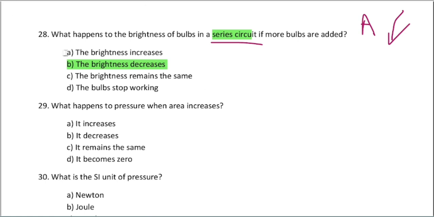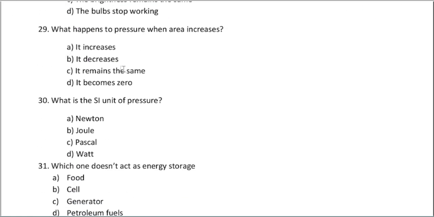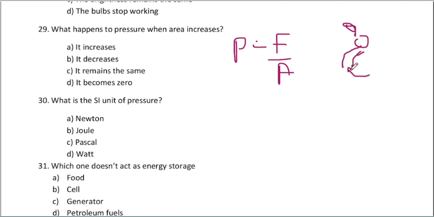Question number 29. What happens to pressure when area is increased? According to the formula P equals F divided by A. You know that if there is a tap, and you keep your finger in here, pressure will increase, right?